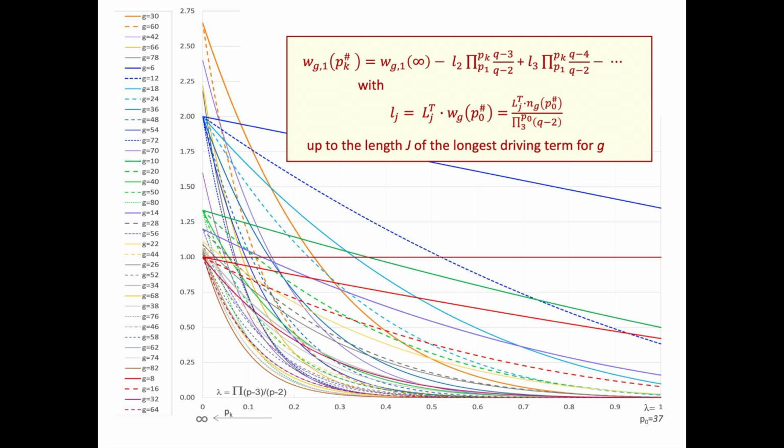Each of these models has the form of an alternating sum. This is if we go and extract the top row from the eigenstructure matrix. The model for the gap itself is its asymptotic value minus a coefficient L sub 2 times that subdominant eigenvalue, the prime minus 3 over prime minus 2, plus a coefficient times the next eigenvalue, and so on.